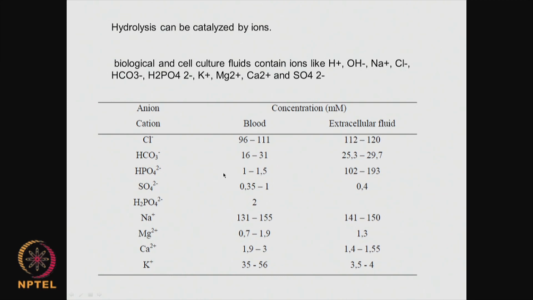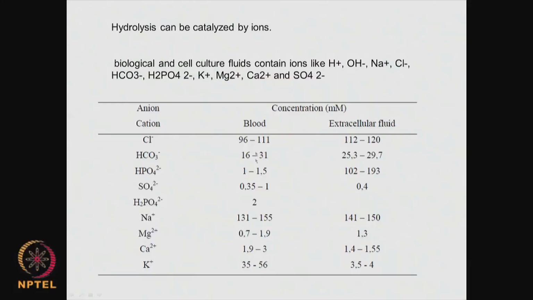So, these could be catalyzing hydrolysis reactions, breaking esters, amides, orthoesters, carbonates. These could be acid catalyzed, base catalyzed or metal catalyzed hydrolysis reactions. The body contains so many metal ions, both in the blood as well as in the extracellular fluid, so they could be catalyzing many of the degradation processes.